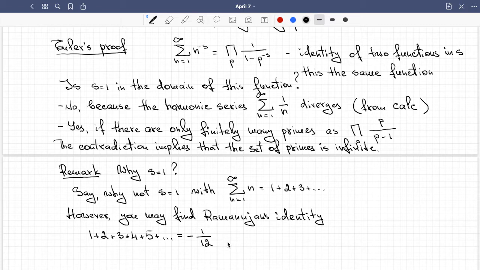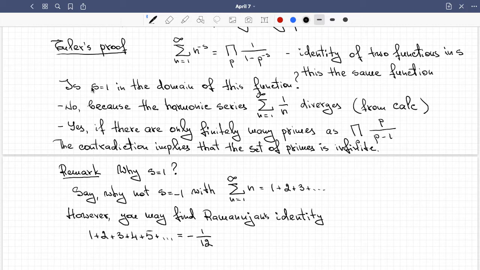After that explanation, you better save Euler's argument with s equals 1 than with s equals -1. Oh, this was -1. The sum shows up when s is -1. So this is just a remark about a subtlety in the argument.